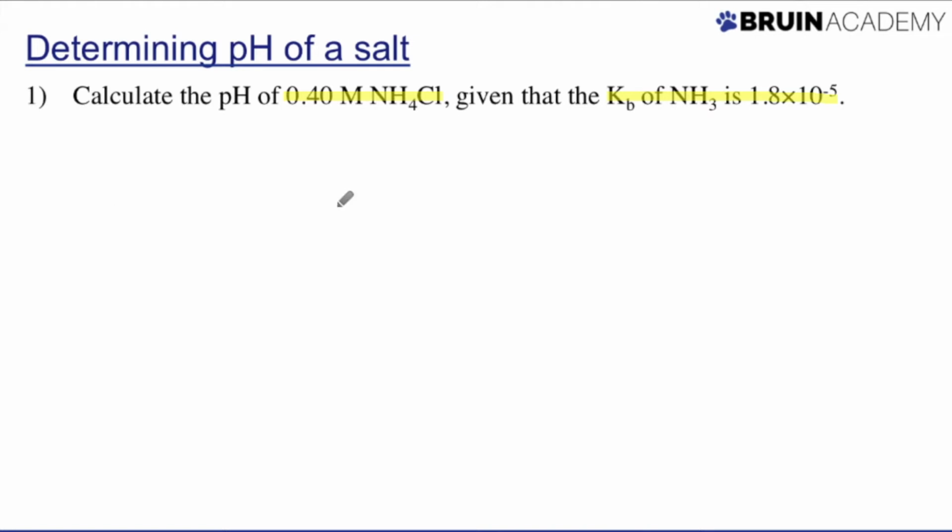So the first thing I would do is kind of separate my salt into its two constituents, right? One is the NH4 plus, and then one is the Cl minus. Now, one of these things is going to contribute to the pH, and the other is not. In this case, we know that NH4 plus is the conjugate acid of a weak base, which means that the NH4 plus is acidic, whereas the Cl minus is the conjugate base of a strong acid, right?